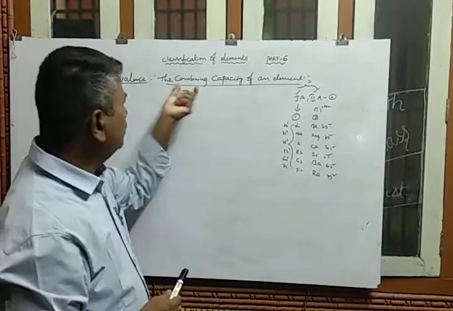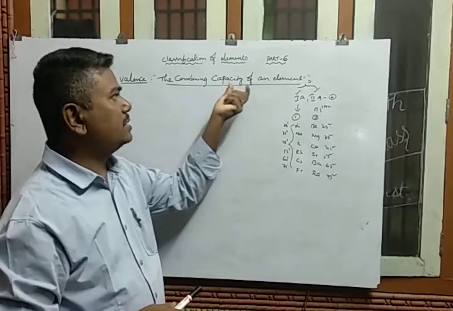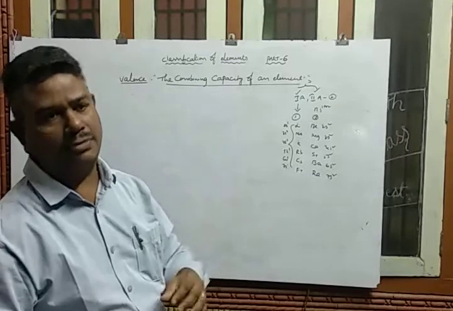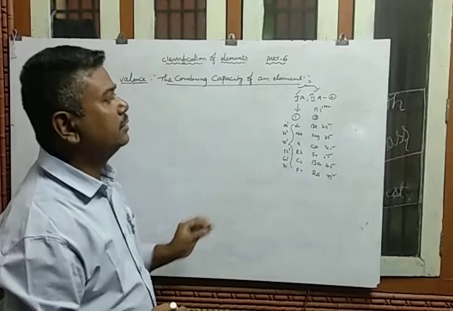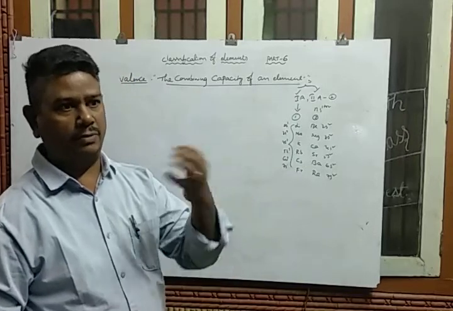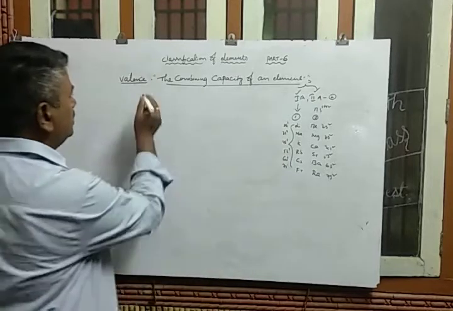Here the valency is defined as which one? The combining capacity of an element with hydrogen atoms or with oxygen atoms, generally as we define in lower classes. So finally, what we concluded here: the number of valence electrons present can be calculated as the valency.